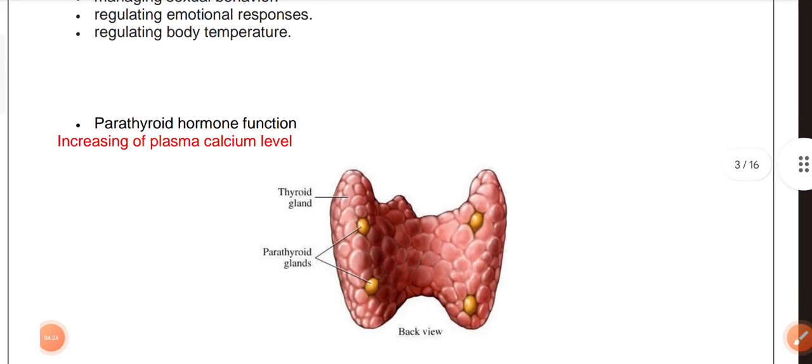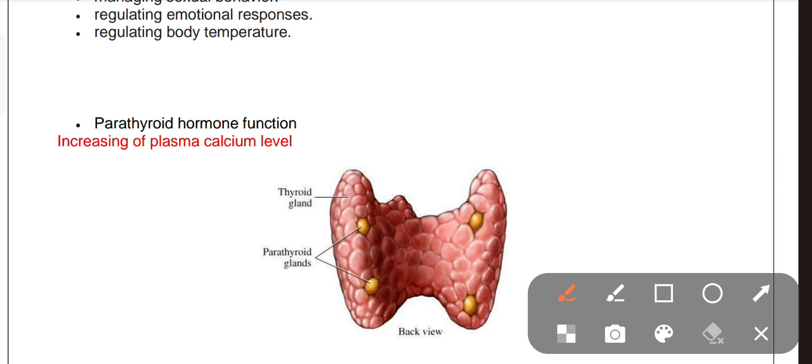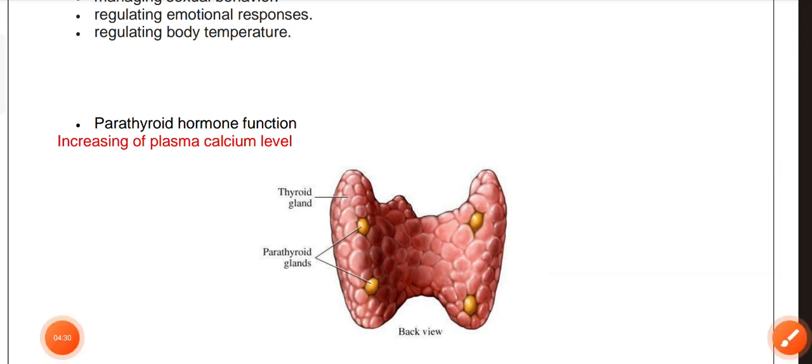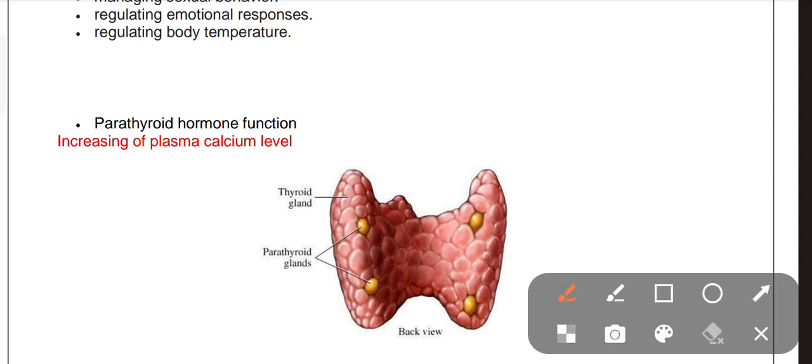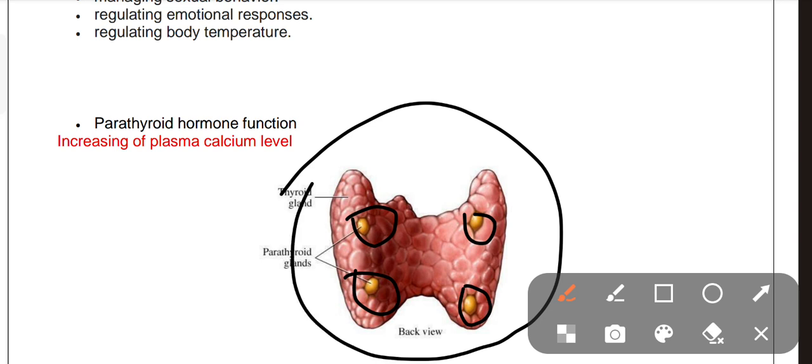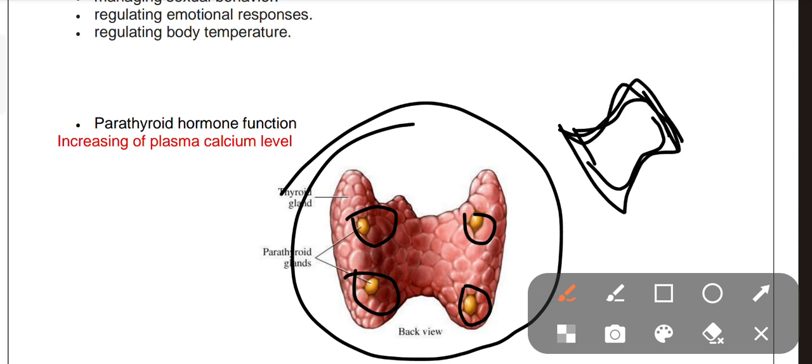And the next point is parathyroid hormone function. What is the function of parathyroid hormone? Mainly these parathyroid glands you can see here. These are the small structures you can see here. Actually this is the thyroid gland, a butterfly-like structure. This thyroid gland is present at the neck region.